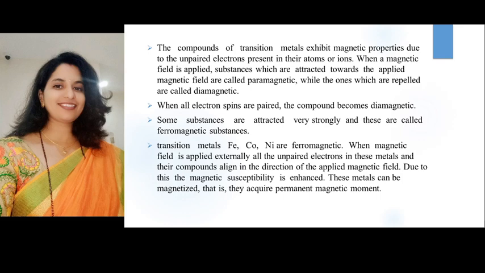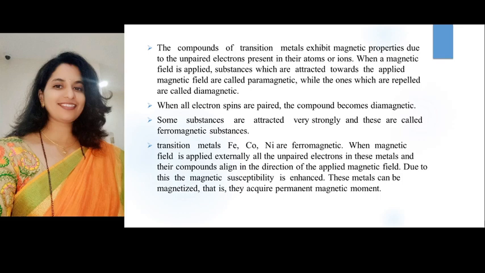When a magnetic field is applied, substances which are attracted towards the applied magnetic field are called paramagnetic, while the ones which are repelled are called diamagnetic.